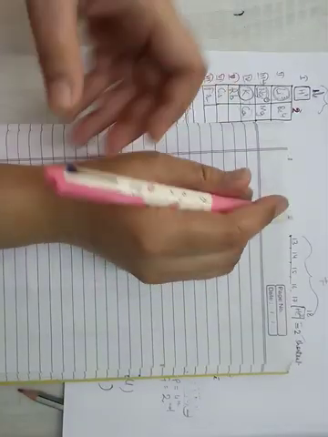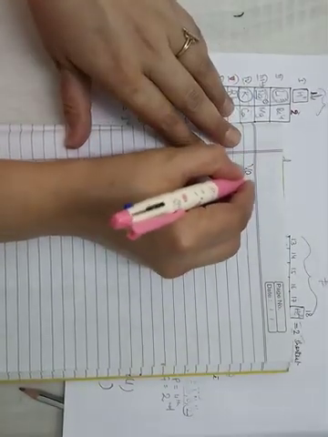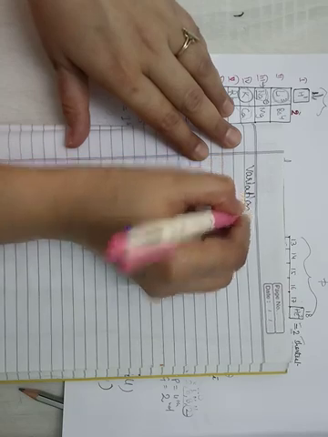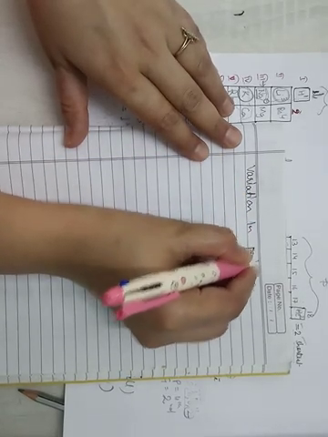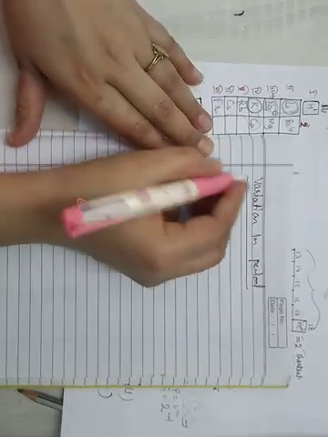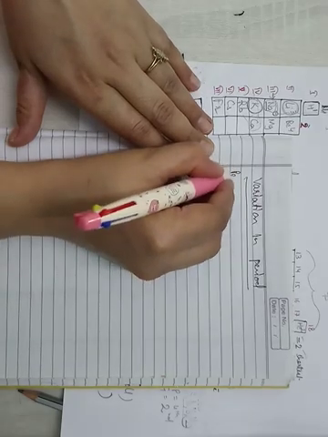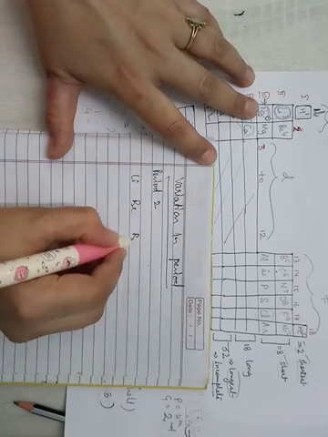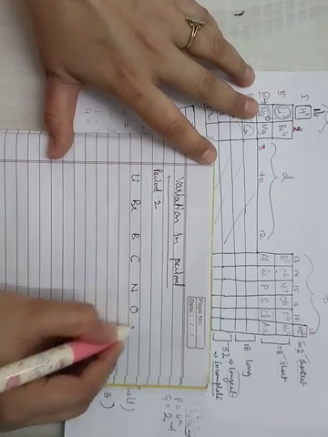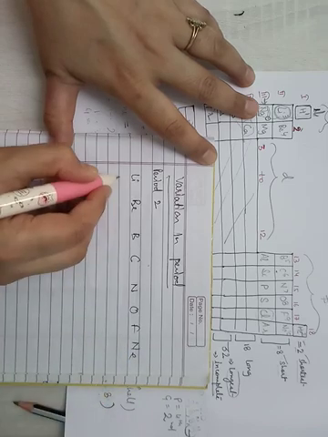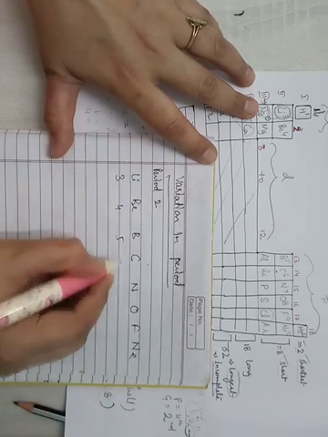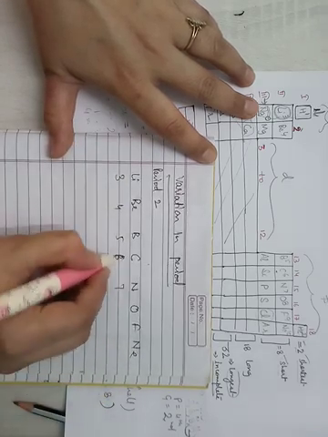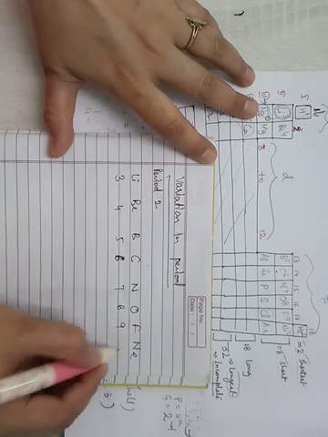Let's see the variation in a period. Let us take period number 2. In period number 2 we have lithium, beryllium, boron, carbon, nitrogen, oxygen, fluorine and neon, with atomic numbers 3, 4, 5, 6 up to 9, 10.